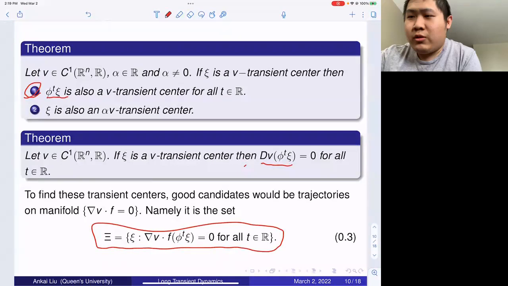This capital psi is a good candidate. In fact, often in many dynamical systems, the psi is already strong enough. Once you put in this constraint, there won't be too many points left, and we can just evaluate each point one by one.